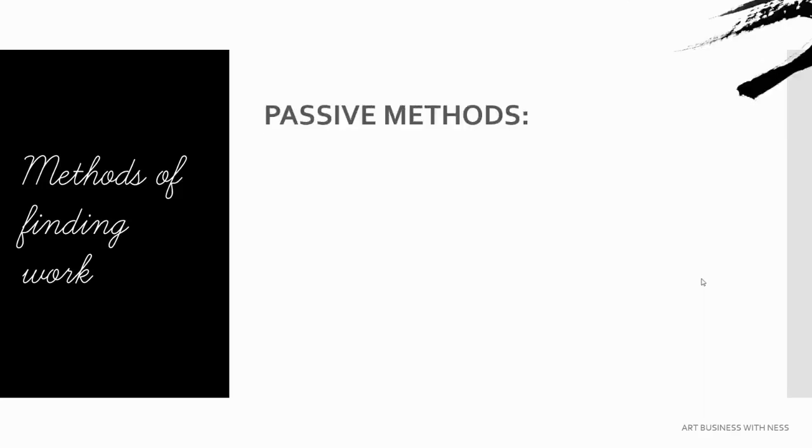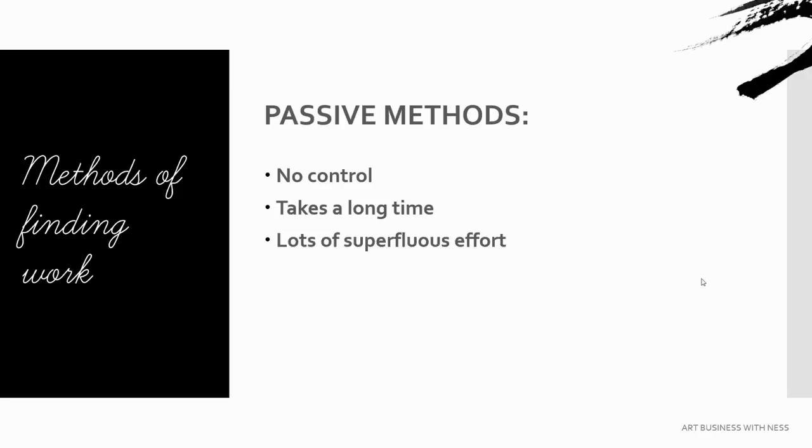So passive methods have several drawbacks. No control, right? You're waiting for people to make the first move. You're not in control of what's happening. It takes a long time. If you're trying to grow on Instagram right now, you know exactly what I'm talking about. Lots of superfluous effort. I hear a lot of people say, I've been posting on Instagram 3 times a week for 2 years and still not 1 gig has come through.